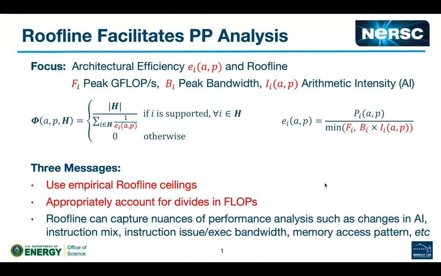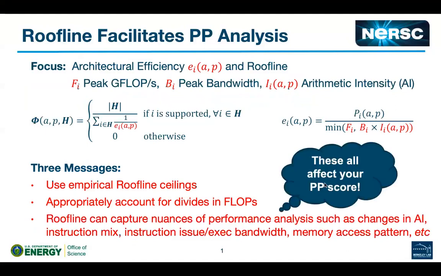And then with a few examples, I'm going to show you how Roofline can capture different nuances in performance analysis. And all of this is to make sure that your calculation of architectural efficiency is accurate and your performance portability score is accurate.